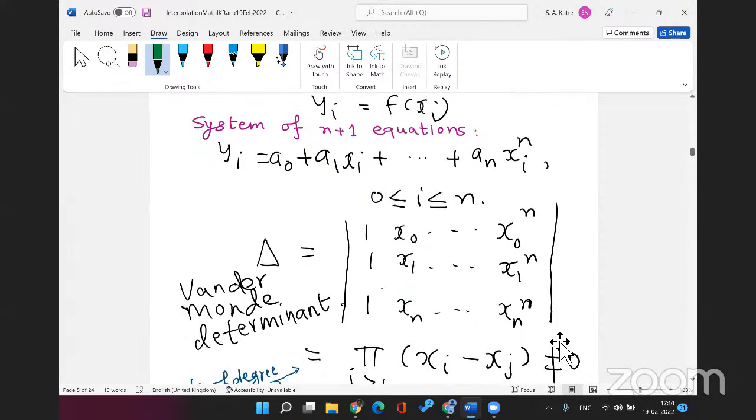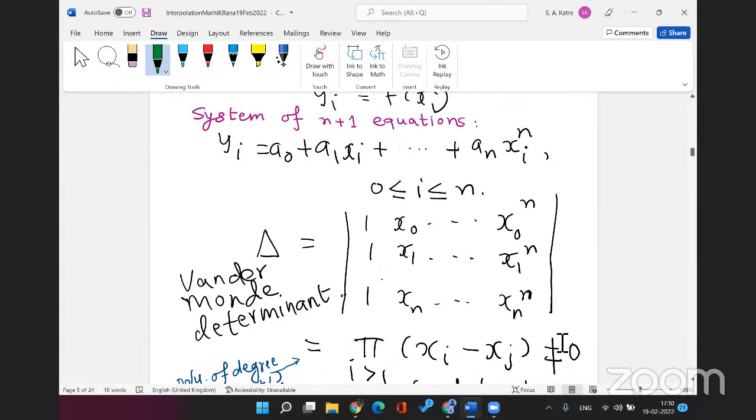The variables are a naught, a1, etc., an, which we want to find out, and the coefficients are 1, x naught, etc. And then we get the determinant of this system of linear equations in n plus 1 unknowns.